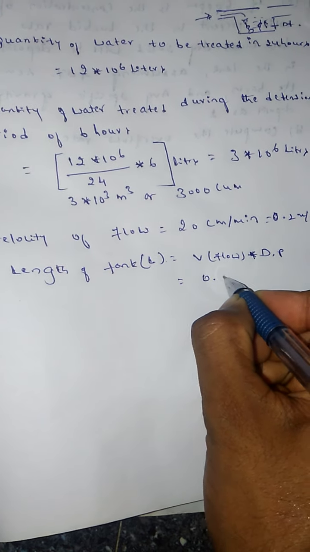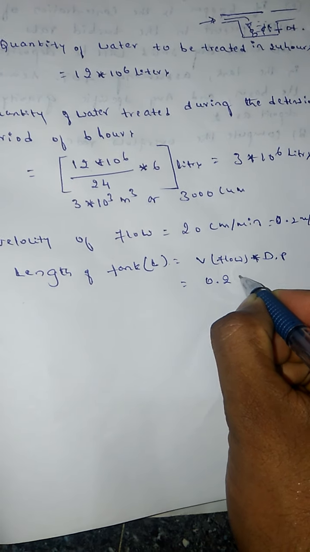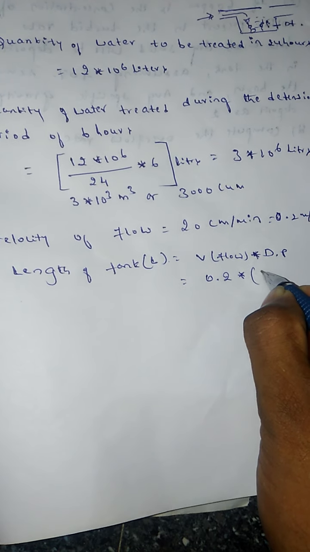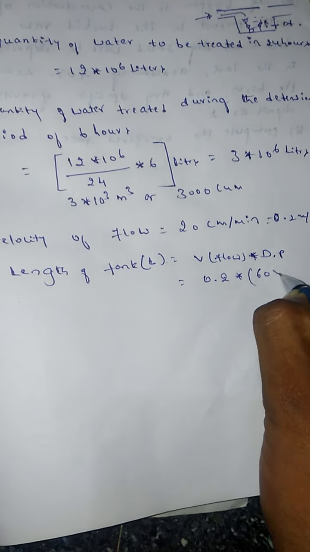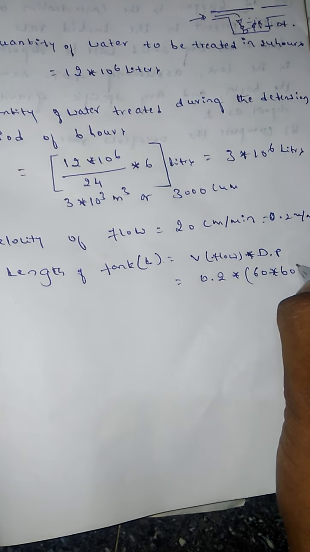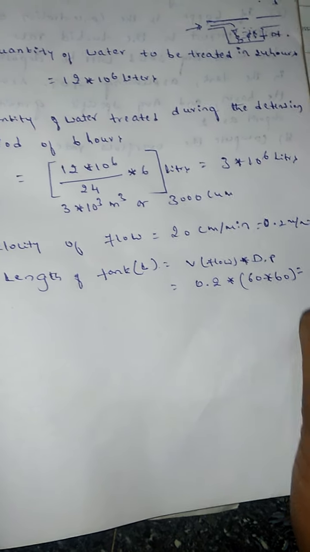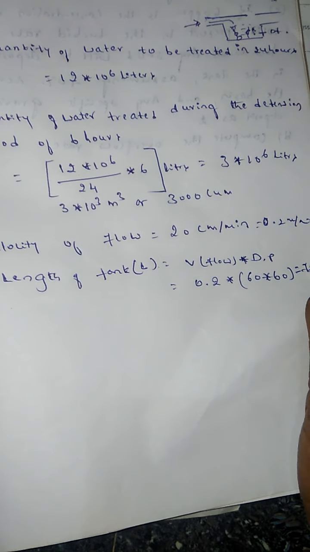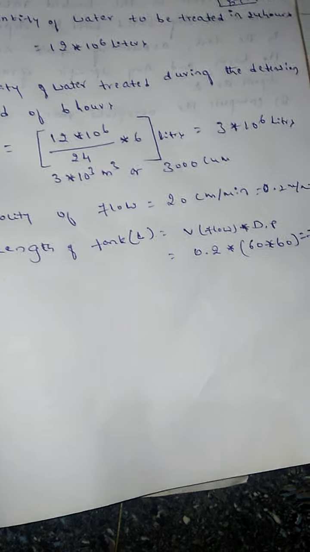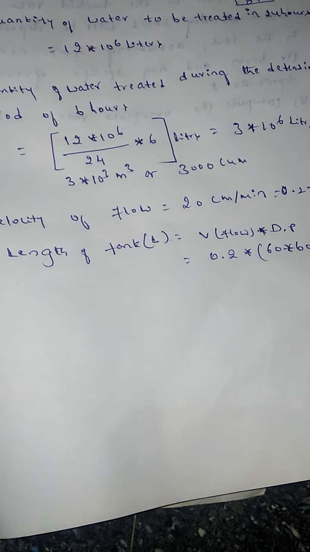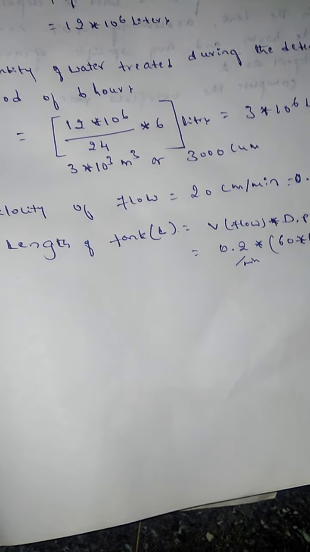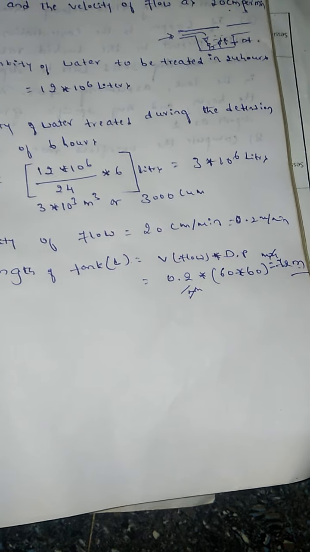So 0.2 into detention period, 6 hours, that is 360 minutes, gives 72 meters. Here minute is there, minute is there, minute gets cancelled, and the unit is in meter.